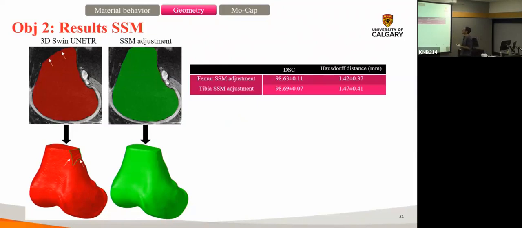And interestingly, we don't lose accuracy when we apply SSM. And even here, I think by chance, we have improved the Dice. But the important message here is that you don't lose the accuracy of your model.